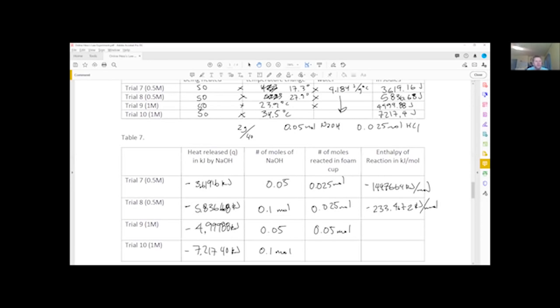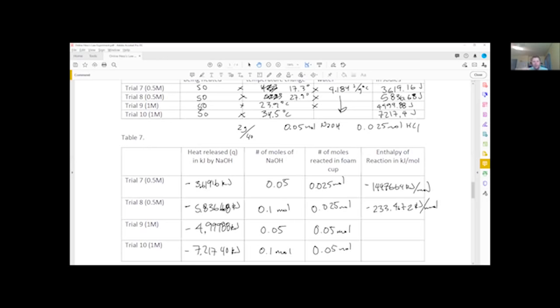Now, in trial number 10, how many moles of sodium hydroxide reacted in my foam cup? Well, that's going to be 0.05 moles. Now, you might be looking at this and thinking, wait a minute, what's happened? Well, think about trial number 7 and trial number 8.